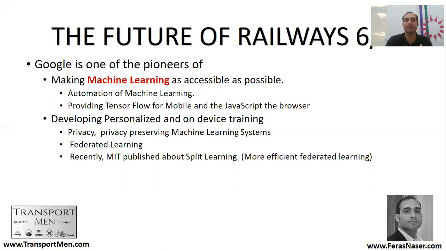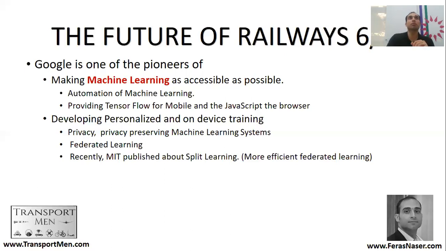So definitely Google has managed to help in spreading deep learning applications and models across the world. And they also have TensorFlow for mobile and TensorFlow for JavaScript to apply these models in a mobile app or in a web application.